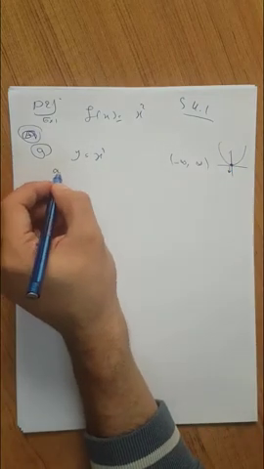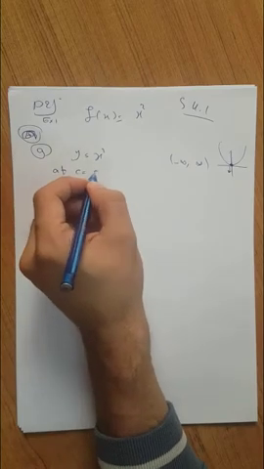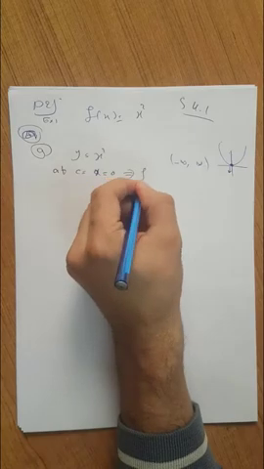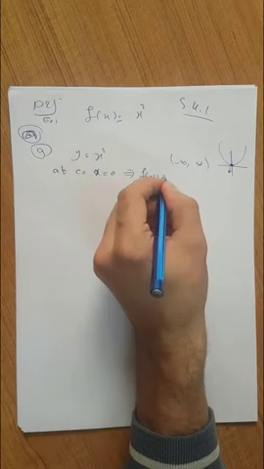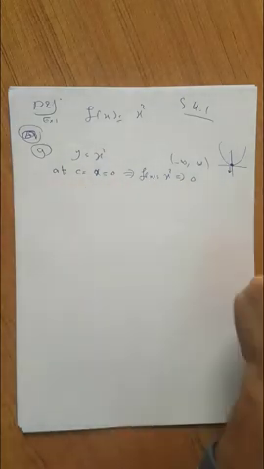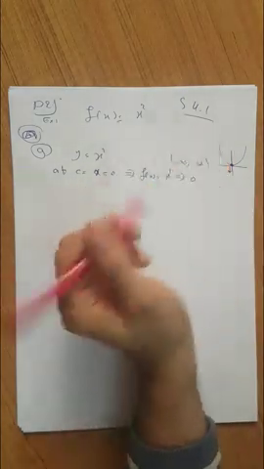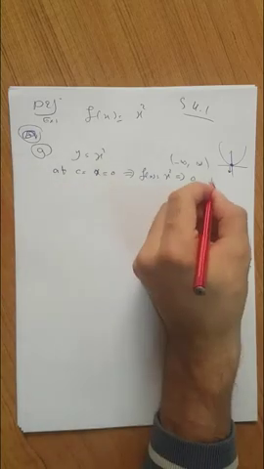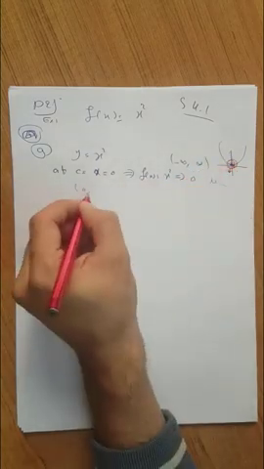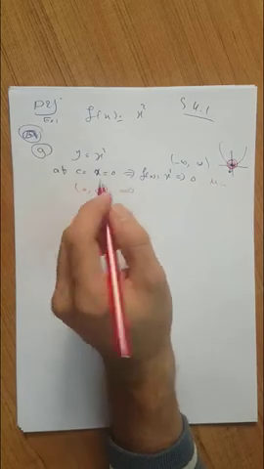That's why I say at c equal to 0, or x equal to 0, f of x, which is x squared, will be 0. Okay, but how about the maximum? So we have a minimum. At 0 I get 0, so (0, 0) will be our minimum point.